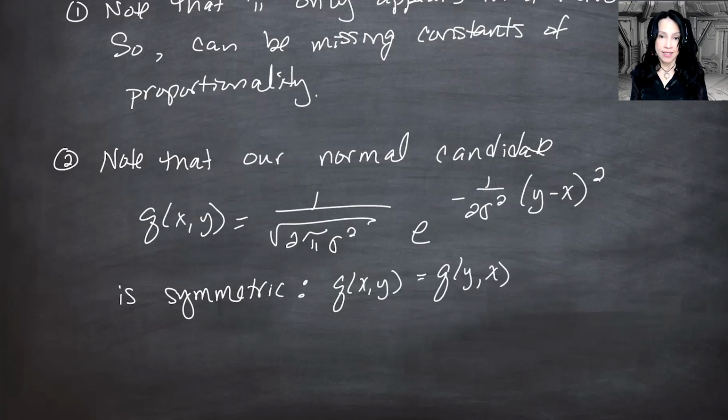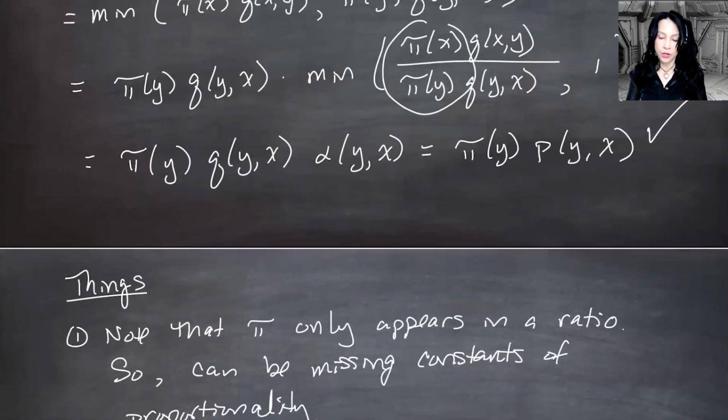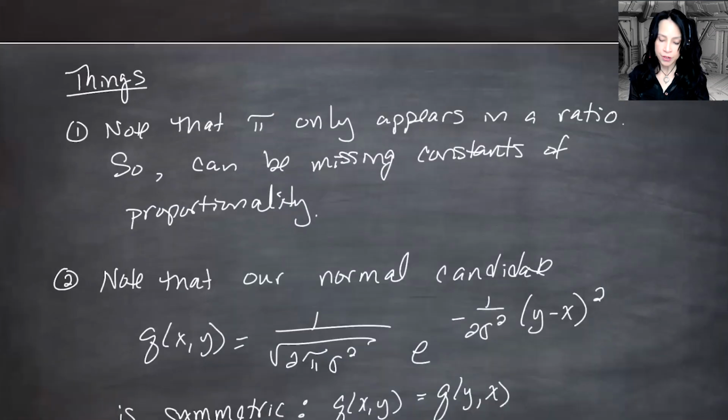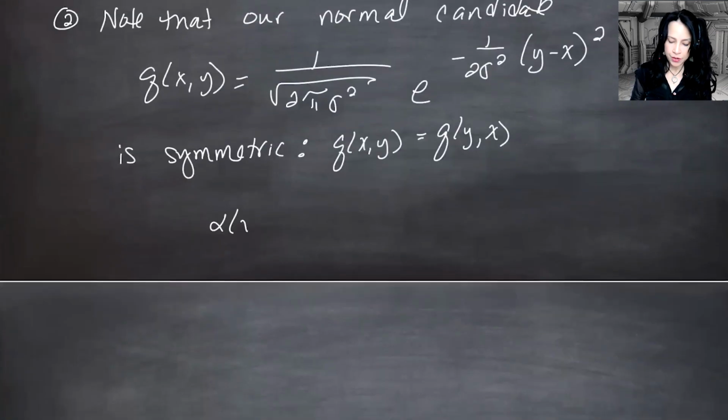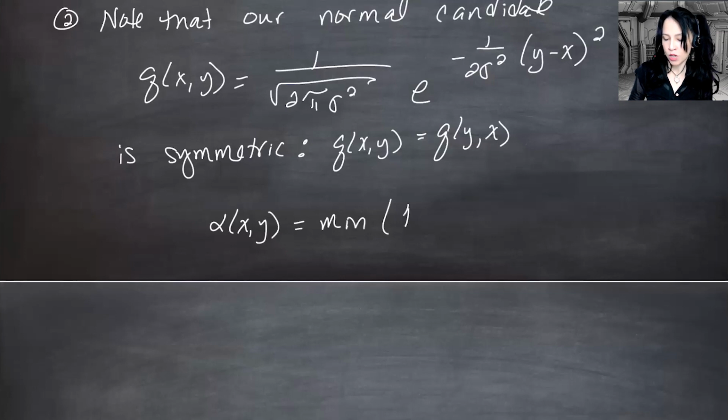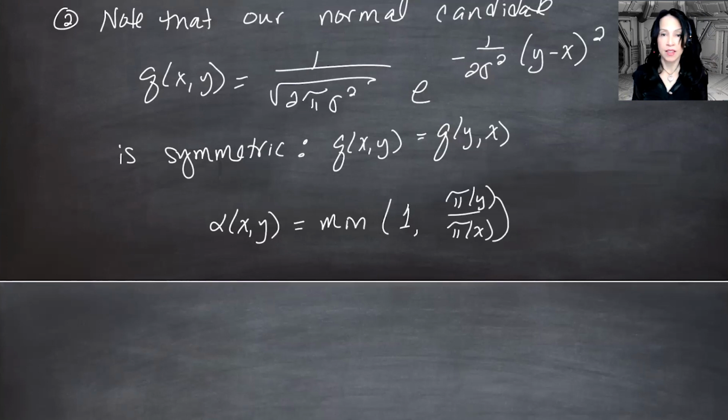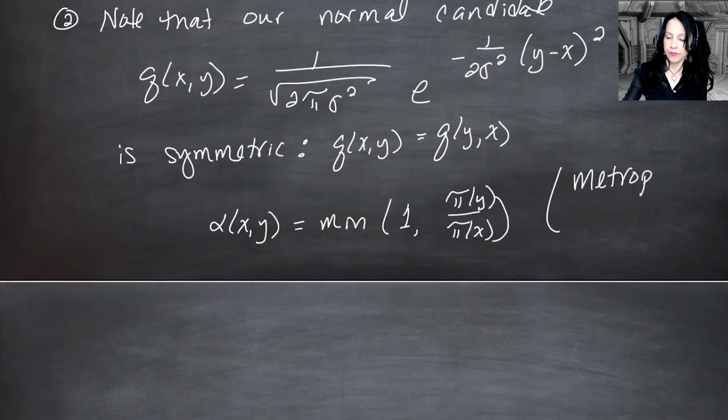And if that's the case, the q's are going to completely drop out of the ratio, and so the acceptance ratio is going to be simpler looking. It's going to be the minimum of 1 and pi(y) over pi(x). And this was Metropolis's original algorithm. It was Hastings that came in 20 years later and generalized it a bit.